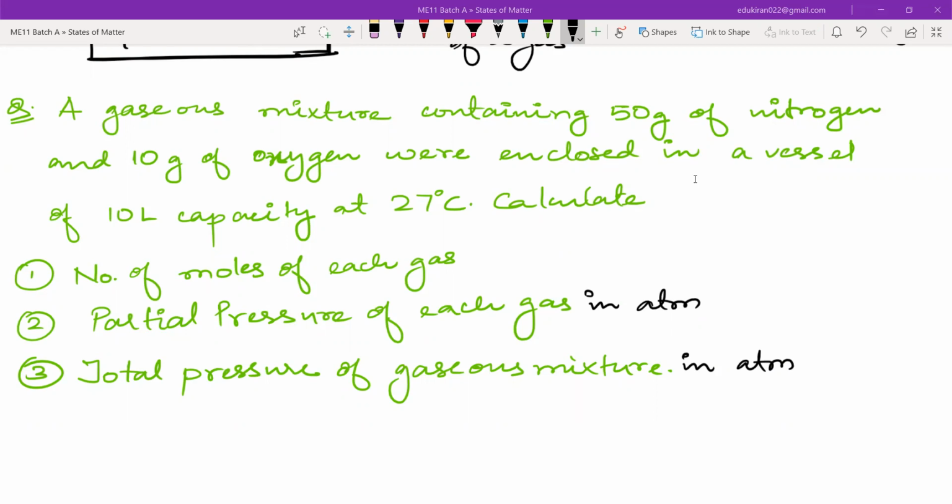Sir, R is 0.0821, right? ऐसे आप पूछिएगा, Irfan. Yes, R is constant, but the unit should be correct.